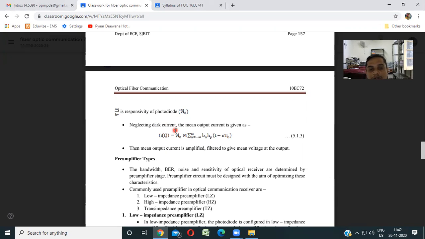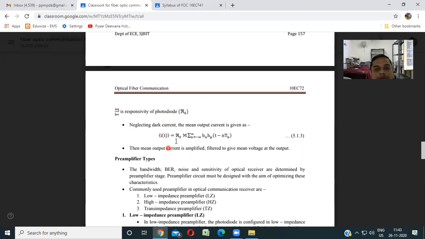When no photons are incident, a small amount of current flows, and that current is called the dark current. The total current in a photodetector is the sum of the current generated after the conversion of photons into current plus the dark current. Here we are neglecting this dark current.